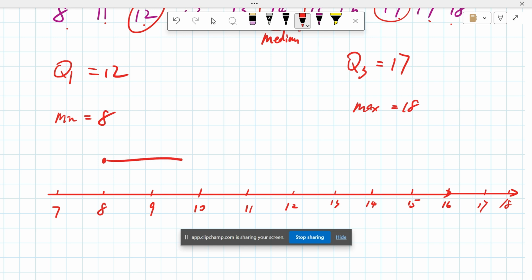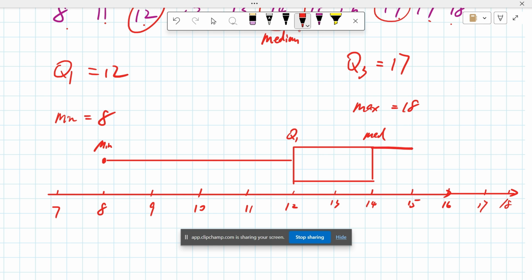So we draw the box from 12, and that's your Q1. Hopefully that makes sense. Minimum, and your median is 14, so we go to 14. That's a nice, beautiful graph for the median.